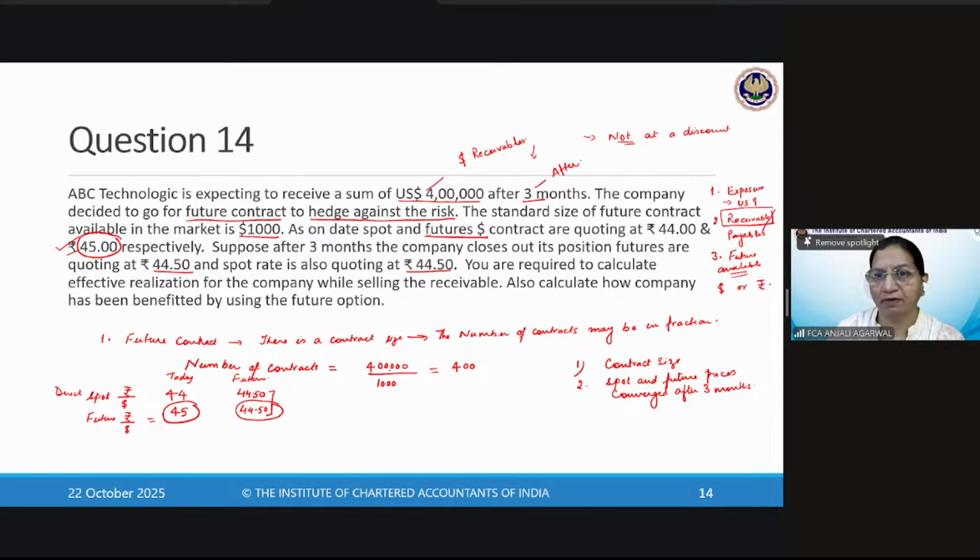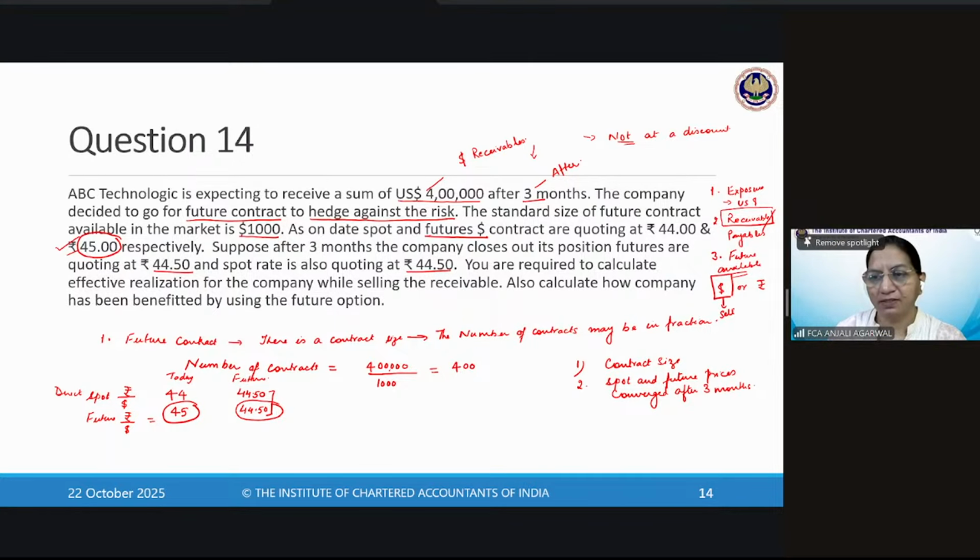You have to be very careful. So futures were available for dollars. Now, because you have receivables, you will sell dollar futures. But if the futures were available on rupee, you would have done the reverse, you would have bought.